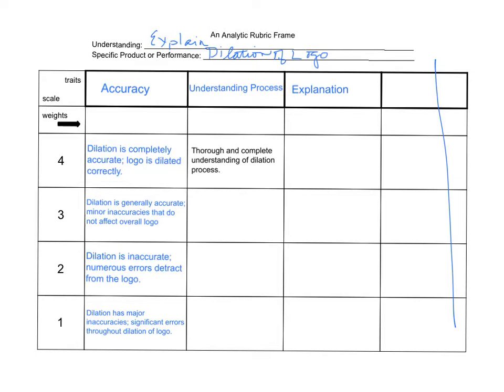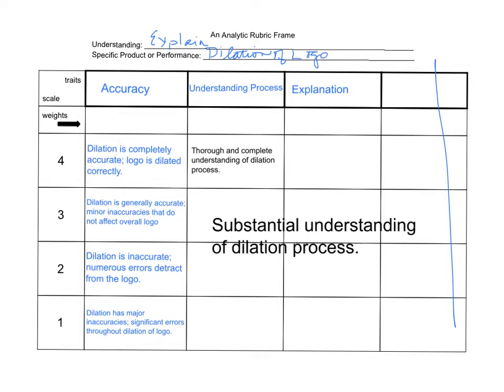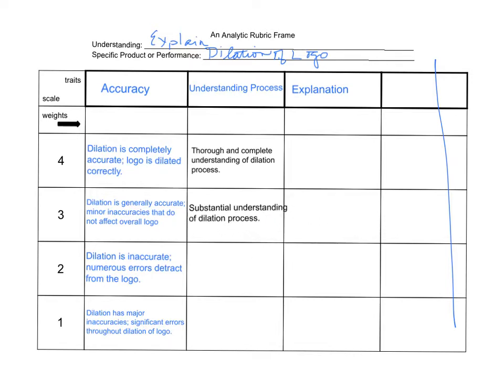My 3 then would be substantial. So I'm saying substantial understanding of dilation process. Maybe you guys would like the word method better than process. You can change that terminology. That makes you more comfortable.